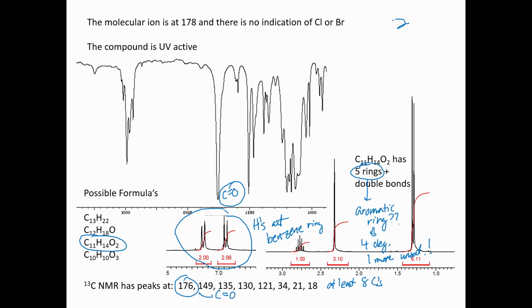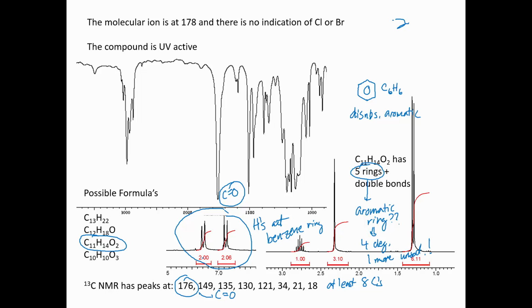All right, how substituted is the benzene ring? Benzene itself has C6H6. If we have fewer than 6 aromatic hydrogens, that tells us that we have a substituted benzene ring. If we add up our integration numbers down here, 2 and 2, that's 4. Therefore, this is a disubstituted aromatic.